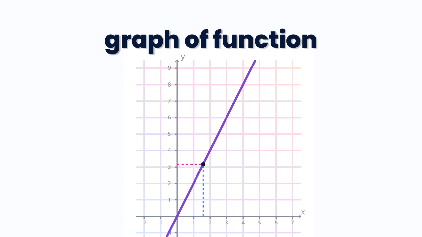If you come across a graph where an input value has multiple output values, that graph does not represent a function. You can move a vertical line along the x-axis to check whether each value of x has one and only one y value. This is called the vertical line test.